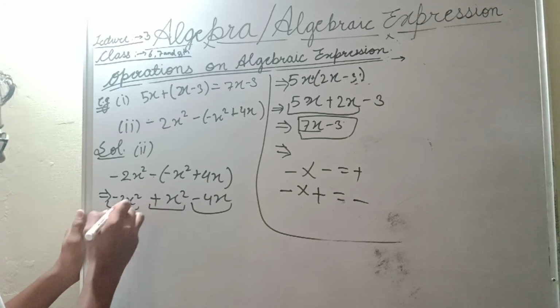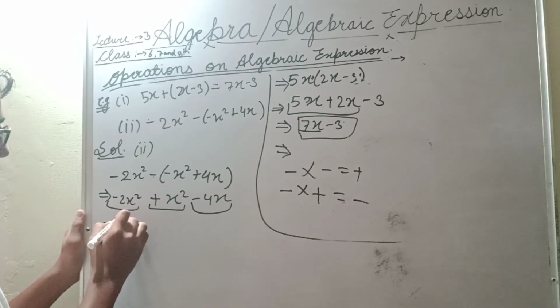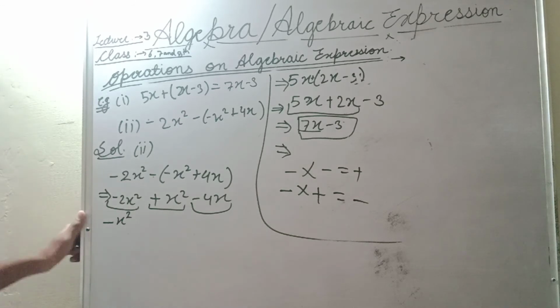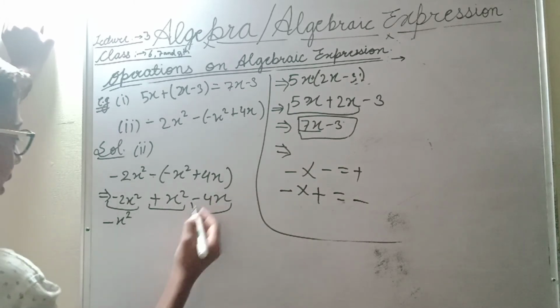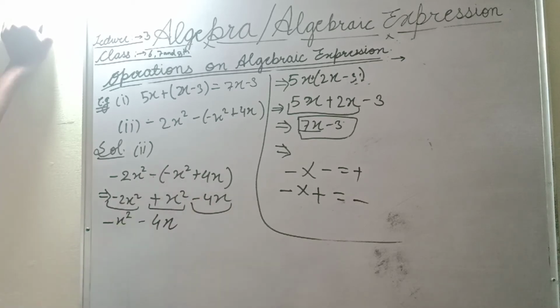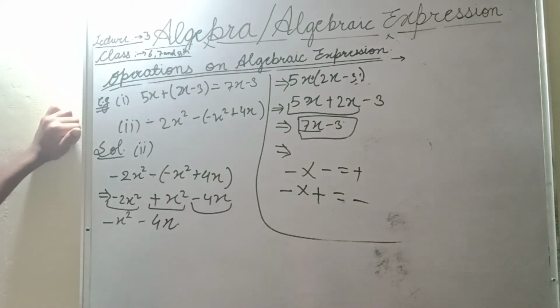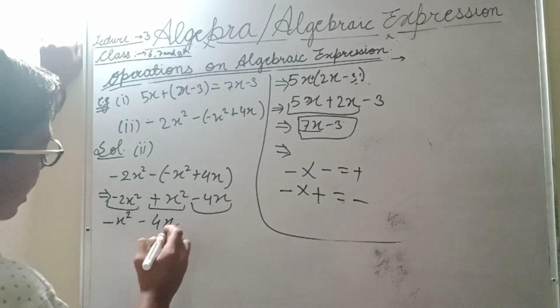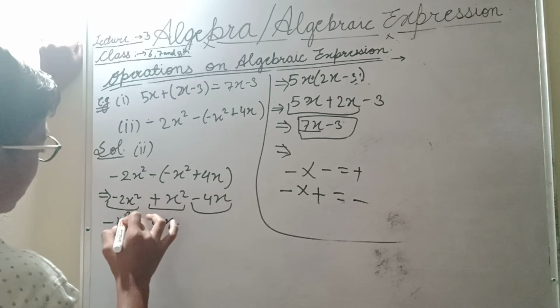We get minus x square and minus 4x. This is the answer. Now why can't we solve it further? Because inside it there is what?